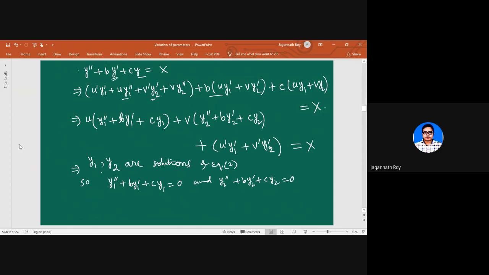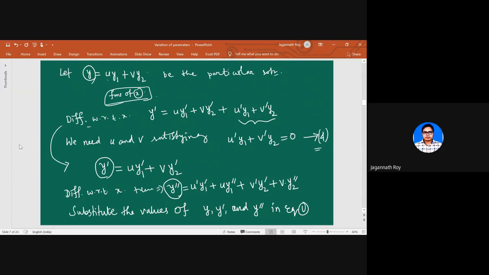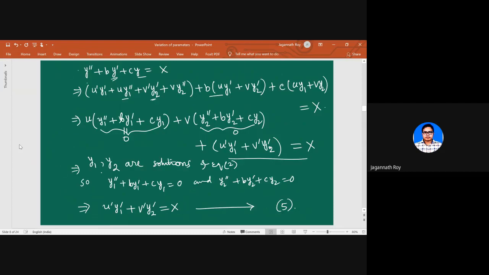So what will happen? This becomes 0, and this is also becoming 0. So finally we'll have u' y1' plus v' y2' equals x. Let us call it equation number 5. Take equation number 4 and 5.